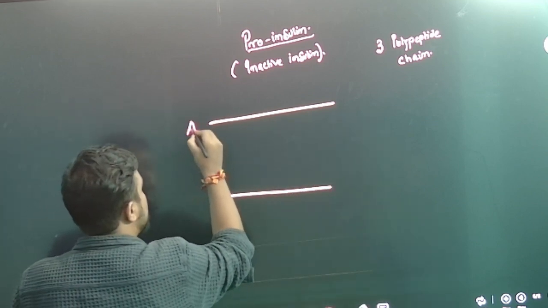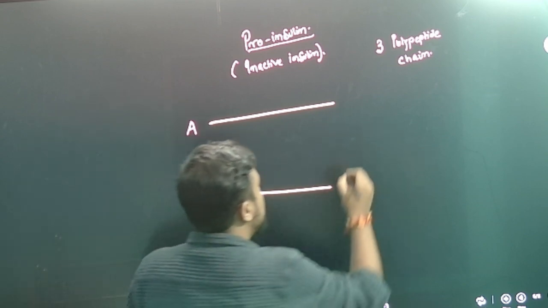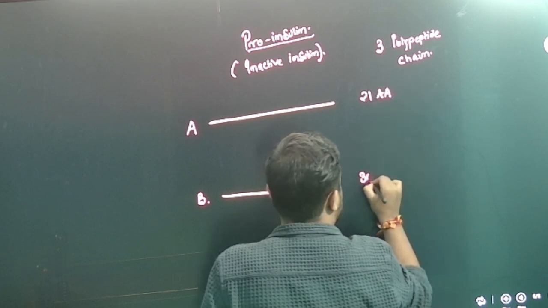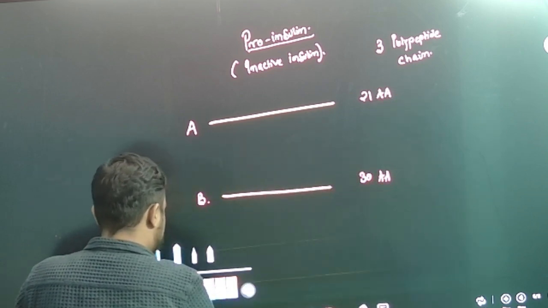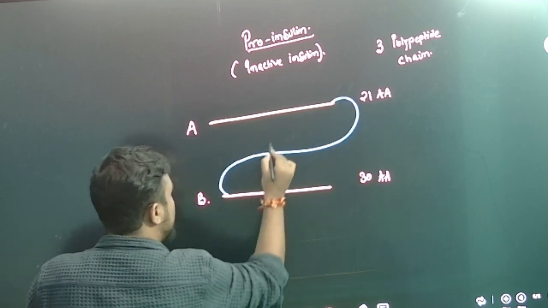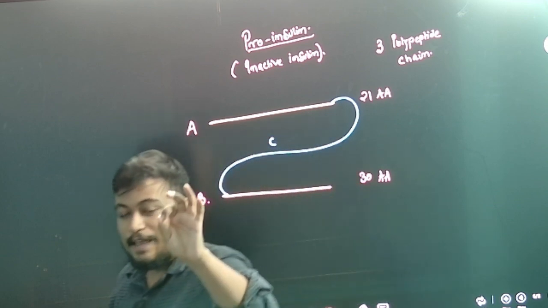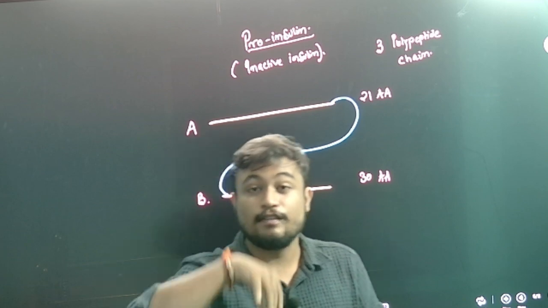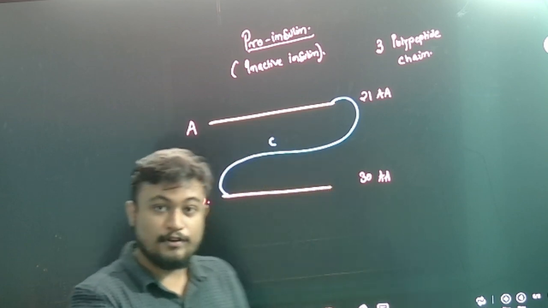Suppose this is polypeptide chain A and this is polypeptide chain B. Now this A polypeptide chain has 21 amino acids and this B polypeptide chain has 30 amino acids. Connecting this A and B polypeptide chain, there is a C polypeptide chain. So the C polypeptide chain helps in connection, right?